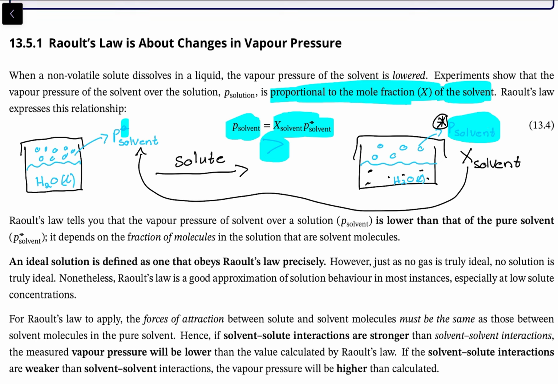So those are the things that you need. You need the mole fraction of your solvent. You need the vapor pressure of the pure liquid. And that then will give you the vapor pressure of the solution.